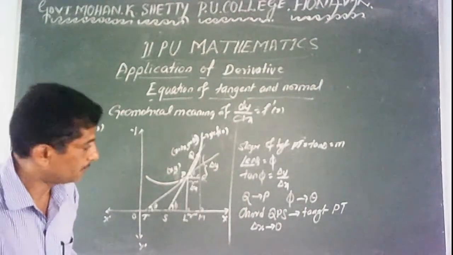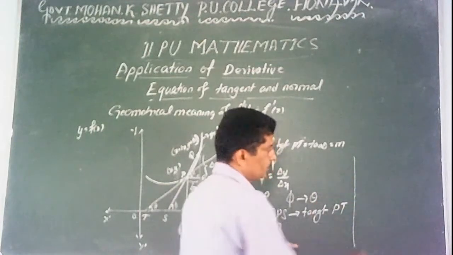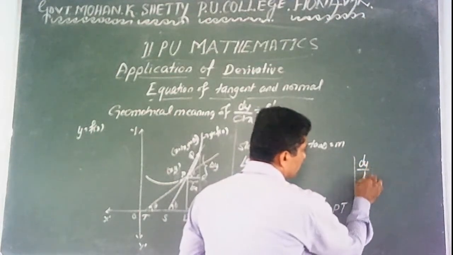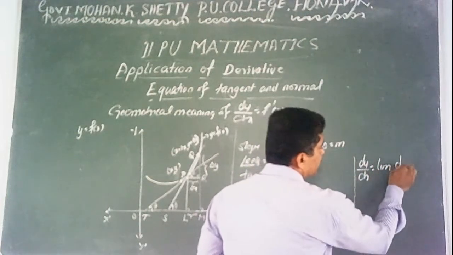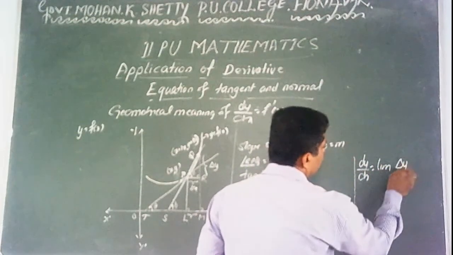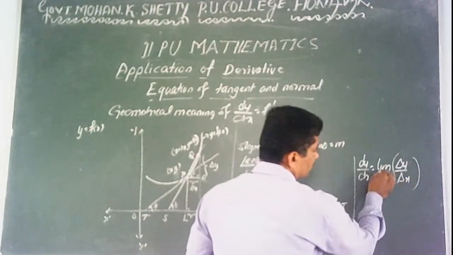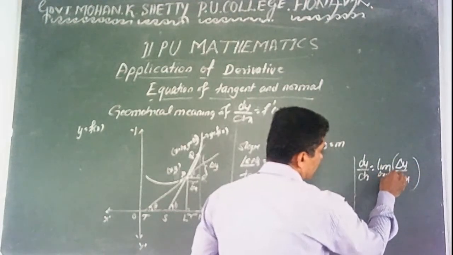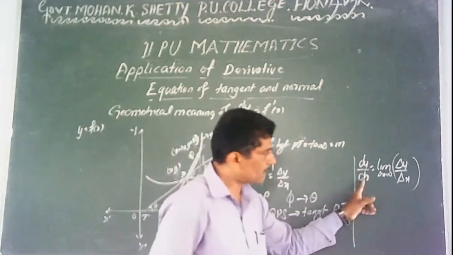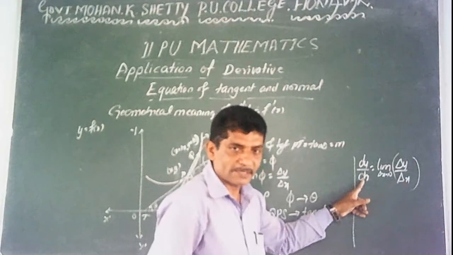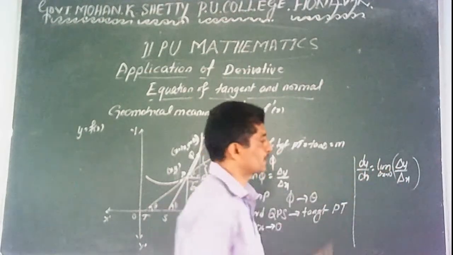What does it mean? Here you know the definition of derivative dy upon dx: the limit of delta y upon delta x, the average rate of change of y with respect to x, as delta x tends to 0.